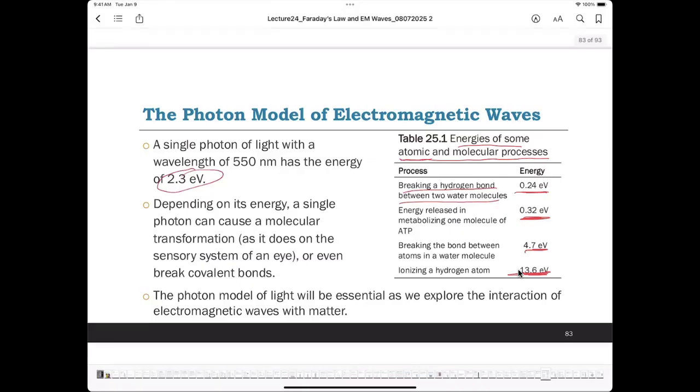We talk about the photon model of electromagnetic waves, and learn how to calculate the energy for each photon, and some features of the photon model. This is what we learn in today's class.